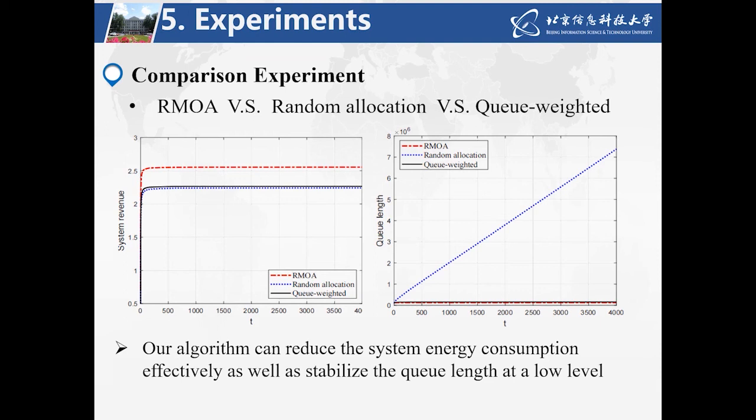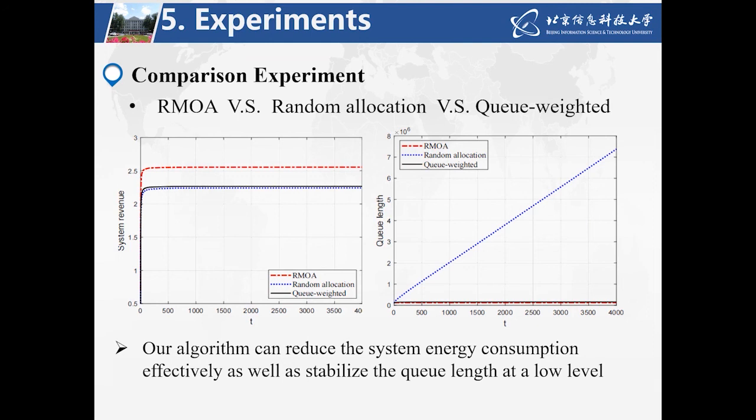They are the random allocation and queue-weighted algorithms. The random allocation algorithm executes the auction design in a random way, and the queue-weighted algorithm makes auction design according to the weighted task queue backlog.